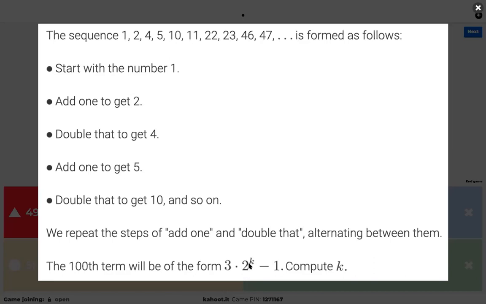So the powers of 2 will be 0, 1, 2, 3, and so on. So 2 is the first even number, and it's 0. So 100th is the 50th even number, and k will have to be 49.